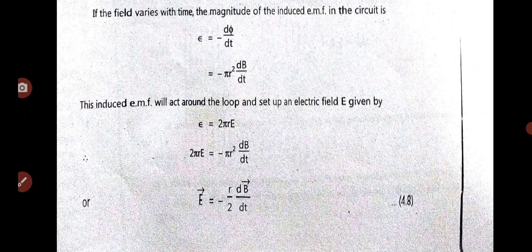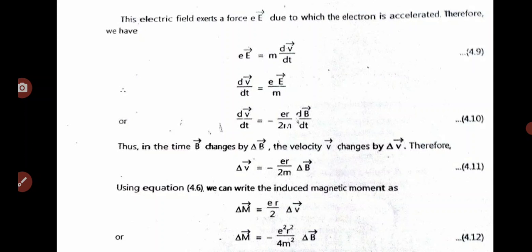If we equate both equations, epsilon is equal to twice pi r E and epsilon is equal to minus pi r square dB by dt, so the electric field is minus r by 2 dB by dt. This electric field exerts a force eE on the electron, which accelerates it, and this is m dV by dt.